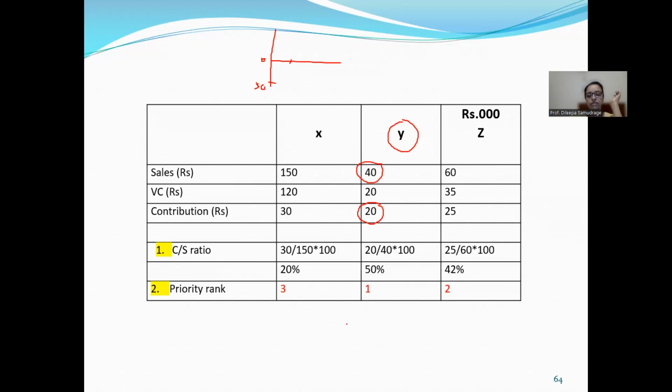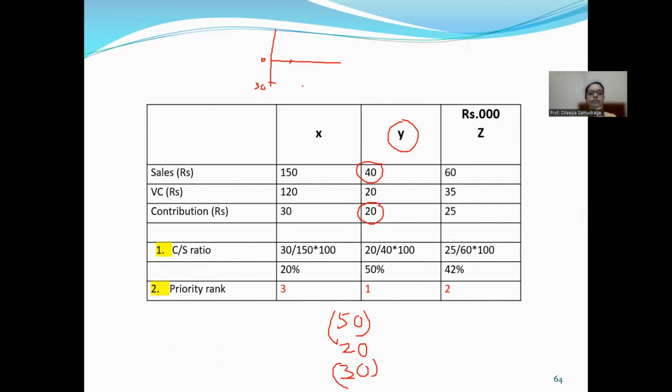That loss you have to cover from this 20,000. So when you cover this 20,000, how much loss do you still have? 30,000, right?